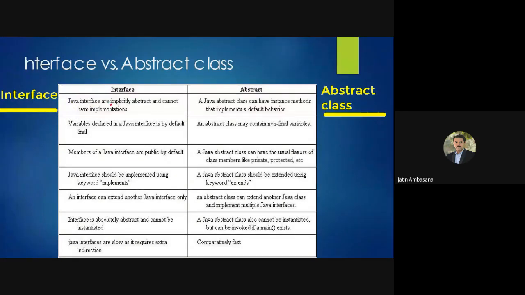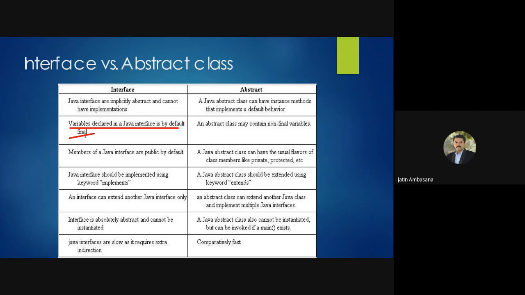Interfaces are implicitly abstract and cannot have implementations, whereas an abstract class can have instance methods which are concrete and implement some default behavior, but we cannot instantiate an object of it. Variables declared in a Java interface are by default final, whereas an abstract class may contain non-final variables.